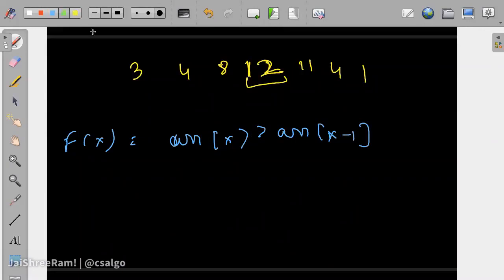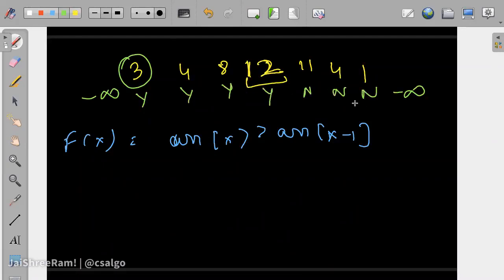If we try to write the truth values, the first value we assume trivially, since before it is minus infinity and after this is minus infinity, we can put as y. This is y, and then this all is n. Now, if we talk about the case where it was completely decreasing, this would be all n's.